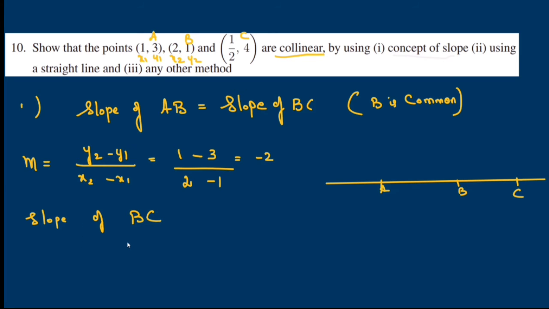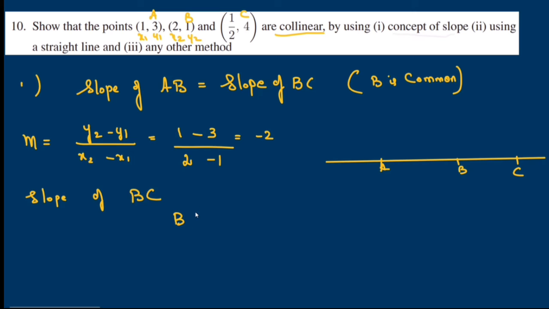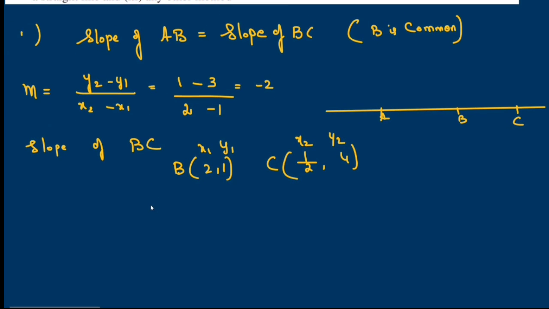So the slope of BC is, B is 2, 1 and C is 1 by 2 and 4. Okay. This is x1 y1 and this is x2 y2. Use the same formula now. Slope of BC is y2 minus y1 means 4 minus 1 divided by x2 minus x1, that is 1 by 2 minus 2.